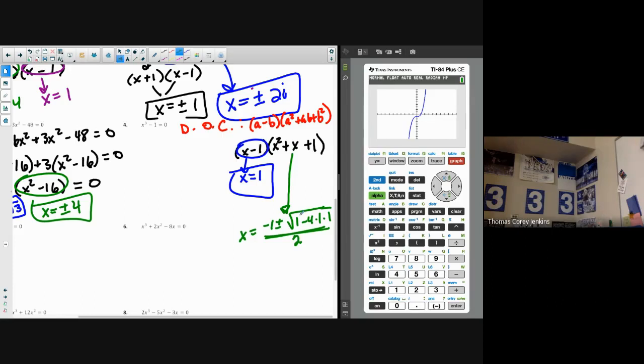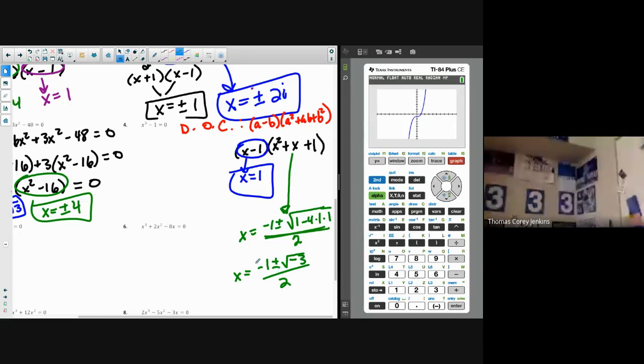All right, so 1 minus 4 is negative 3. So we have x equals negative 1 plus or minus the square root of negative 3, all over 2. And so there's our complex number.